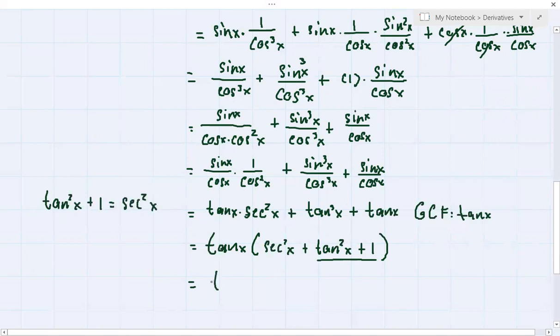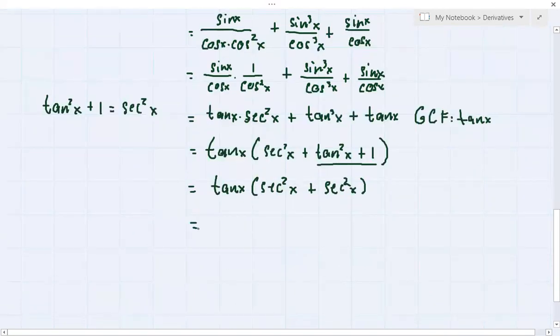Therefore, we will have tangent x times quantity secant squared x plus secant squared x. So, mangyayari dyan, we will combine secant squared x plus secant squared x together. So, we will have 2 times secant squared x. So, ito, pwede na to as your final answer.